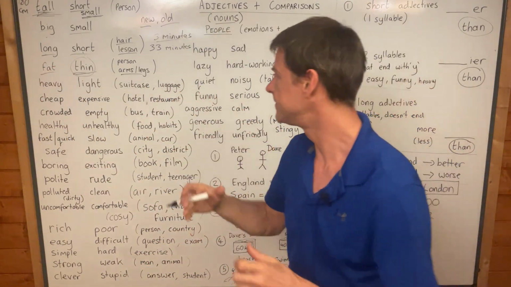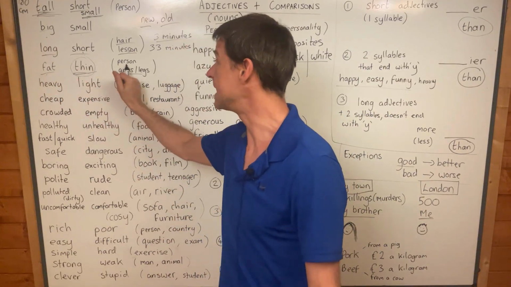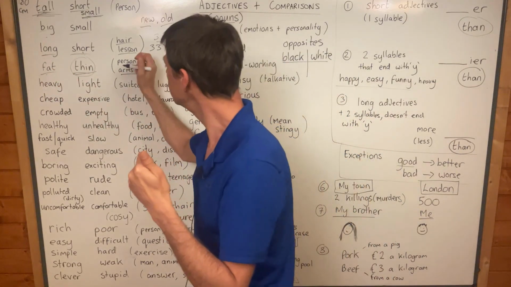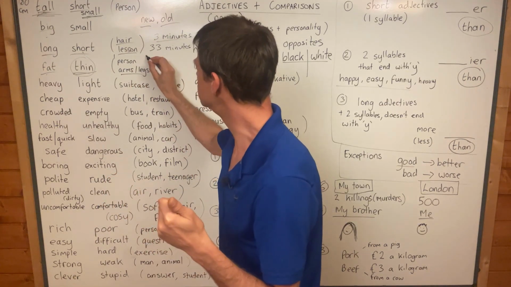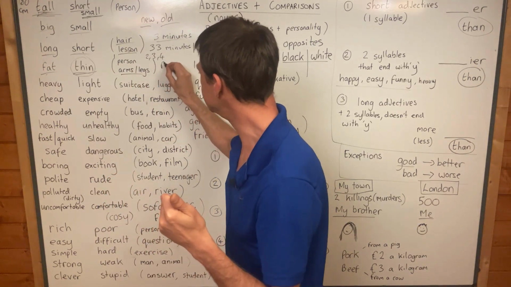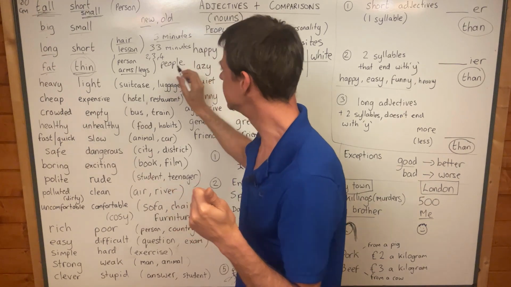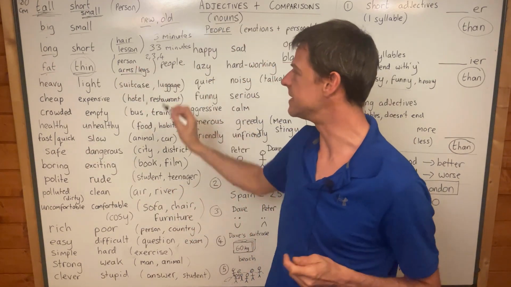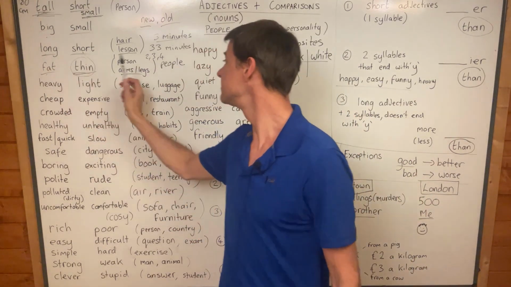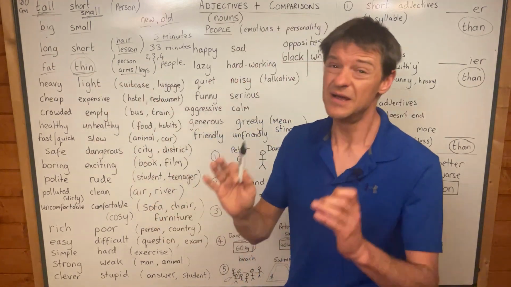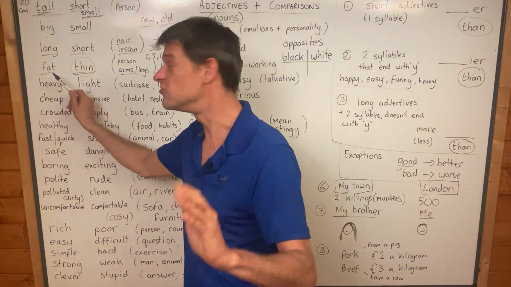Fat, thin. But you can talk about fat people. Remember, one person, but 2, 3, 4 people. You can talk about fat people or thin people, but it's a bit rude.